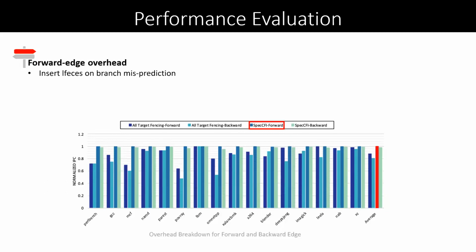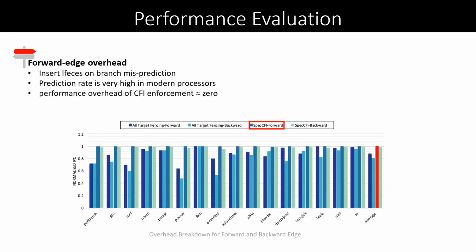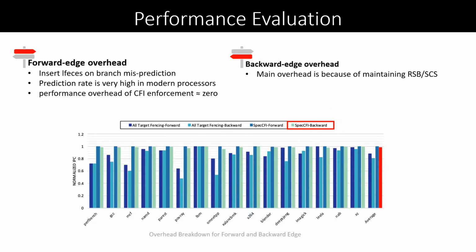So as a result, the number of inserted fences would be very low and the performance overhead of forward edge defenses is close to zero. The major part of the SPECCFI overhead is due to backward edge defense, which is associated with both speculative and non-speculative defense. Our experiment shows that only a small portion of this overhead corresponds to Spectre attacks.